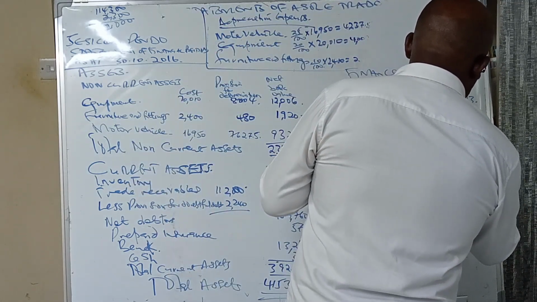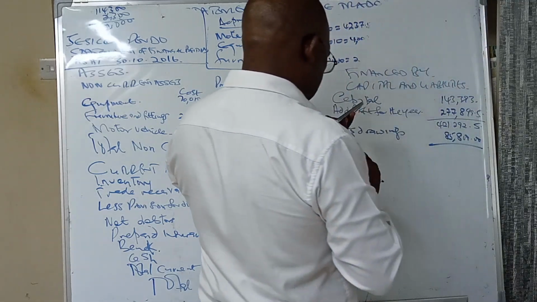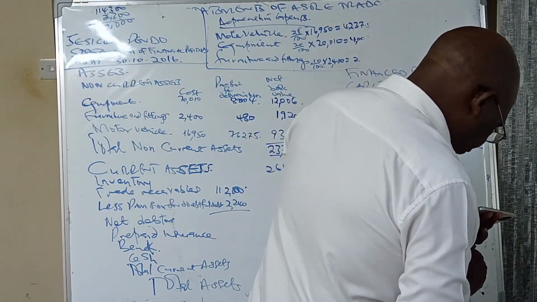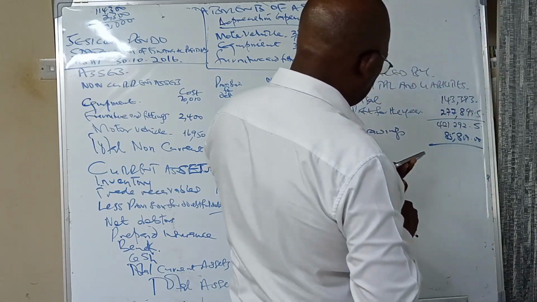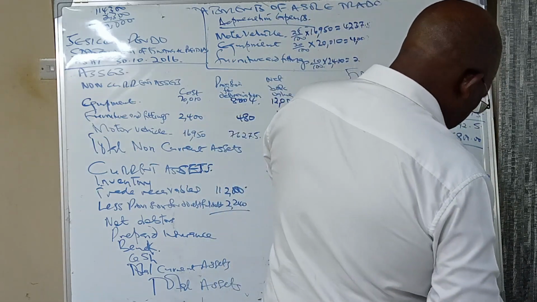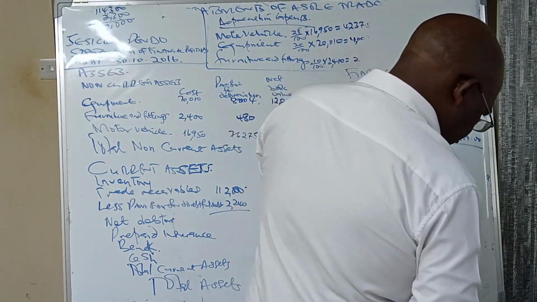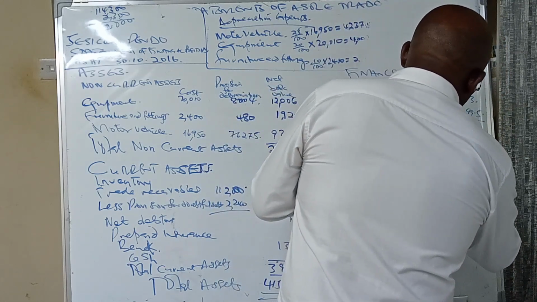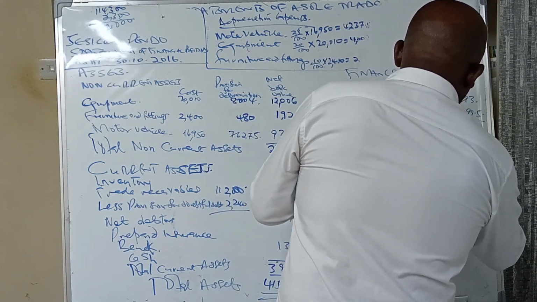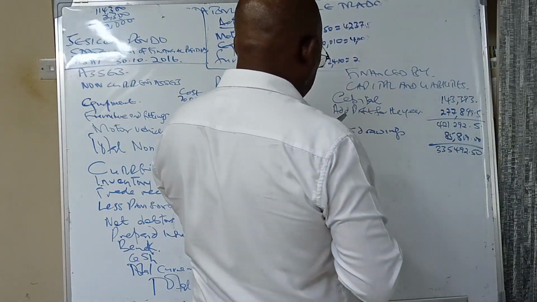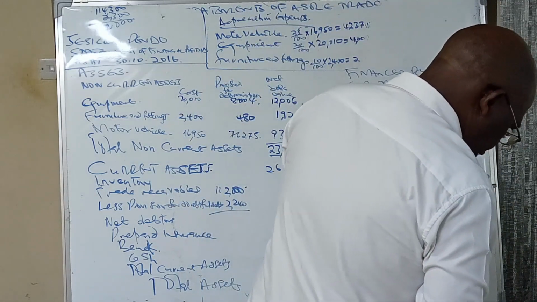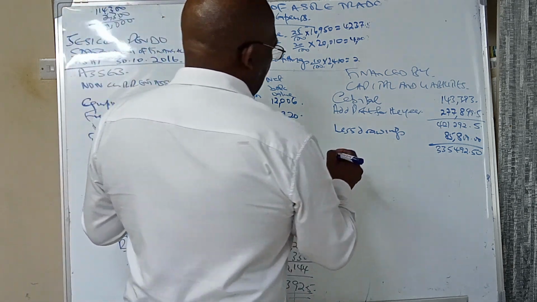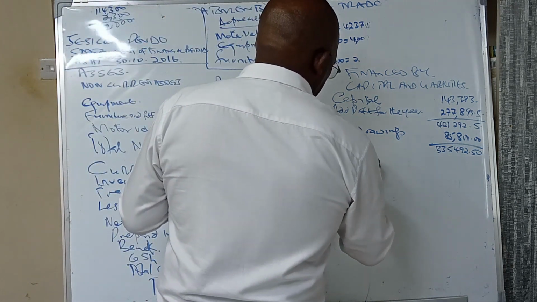If you subtract drawings, 85,800, you will get a figure of 335,492.5. Those are capital at the end of the year.